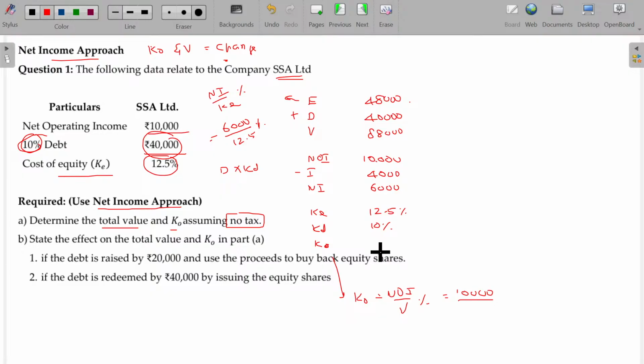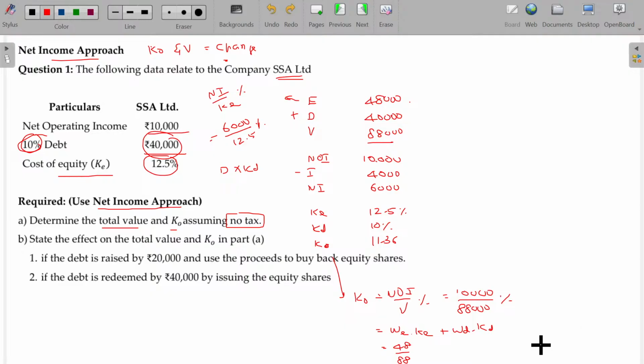Now you can calculate the KO. KO being 10,000 divided by value 88,000. What's the final value? 11.36 percentage. Otherwise, you can use the other formula also: weight of equity, cost of equity, weight of debt, cost of debt. Weight of equity being 48 for the overall value of 88. 88,000 is the value, out of that equity being 48, so 48,000 divided by 88,000.